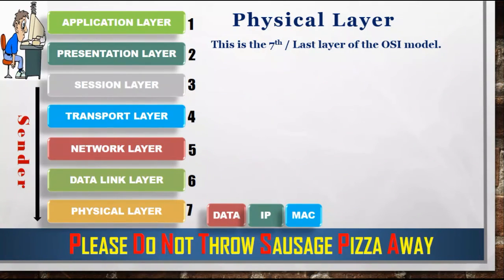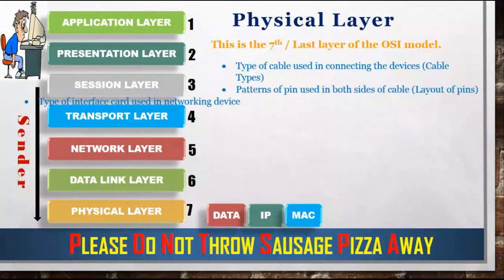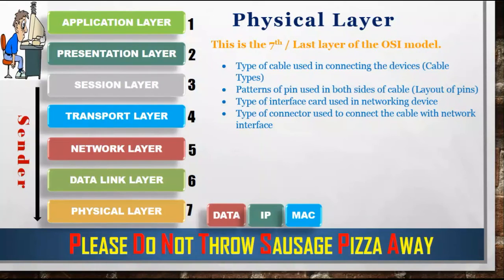It represents the electrical and physical representation of the system, which includes the type of cable used in connecting the devices, or we can say cable types, patterns of pins used on both sides of the cable or layout of pins, type of interface card used in the networking device, and type of connector used to connect the cable with the network interface. All these things are represented by the physical layer.